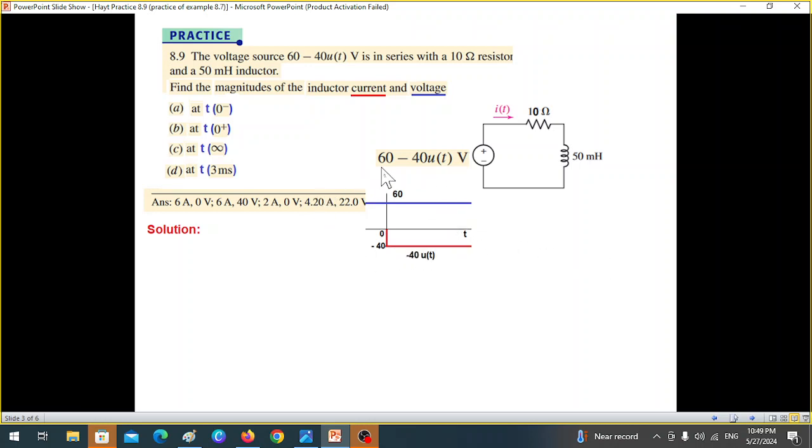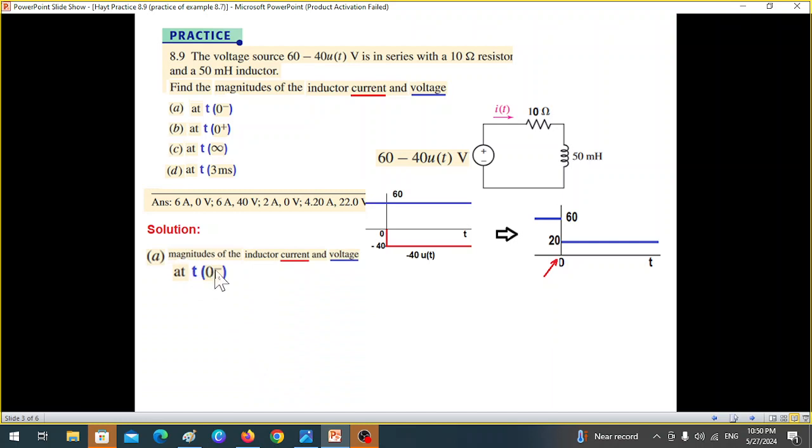So this is the representation of this source. Now this value can be further simplified and written as: before 0 the value is 60, and after 0 it is 60 minus 40, that is plus 20. So this is what is applied on this network.